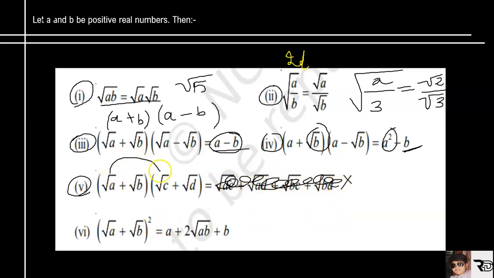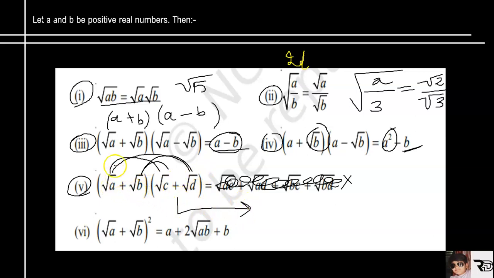So when I do the multiplication of the first variable with the whole bracket and the second variable with the whole bracket, the answer would be something like this: root AC, root AD plus root BC plus root BD. Okay, we'll solve it over here.